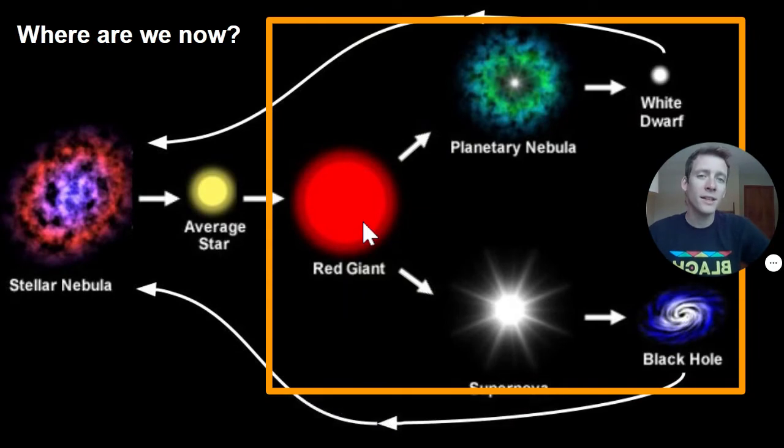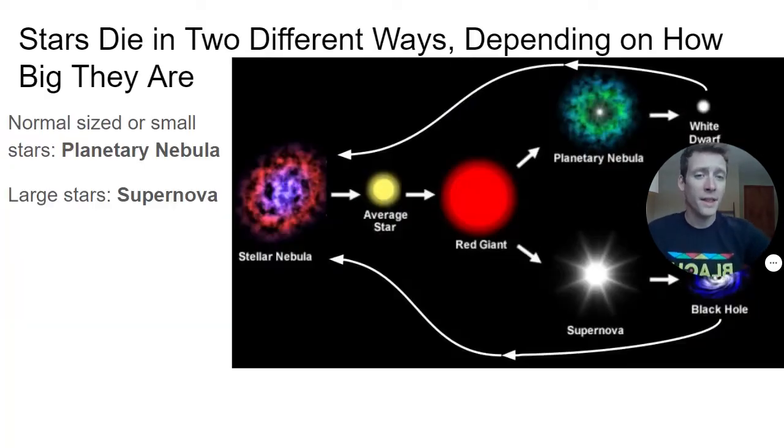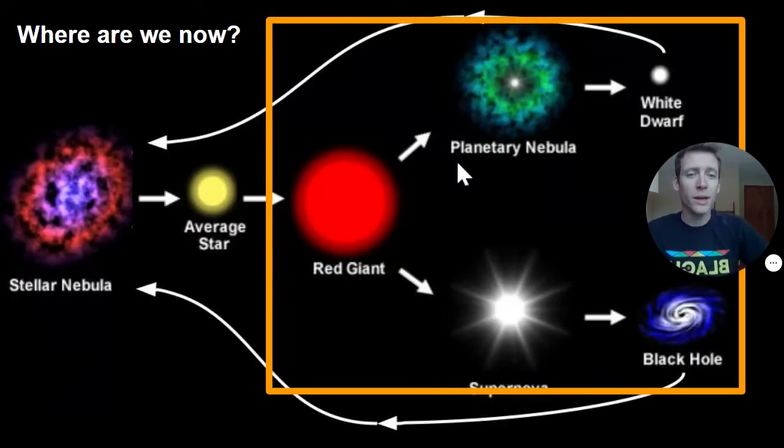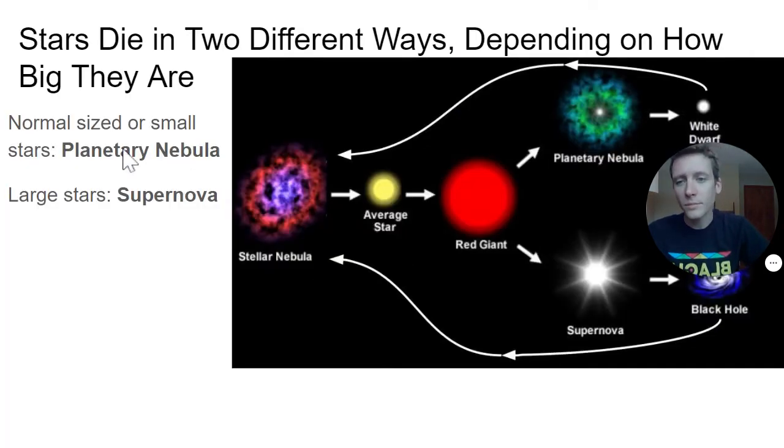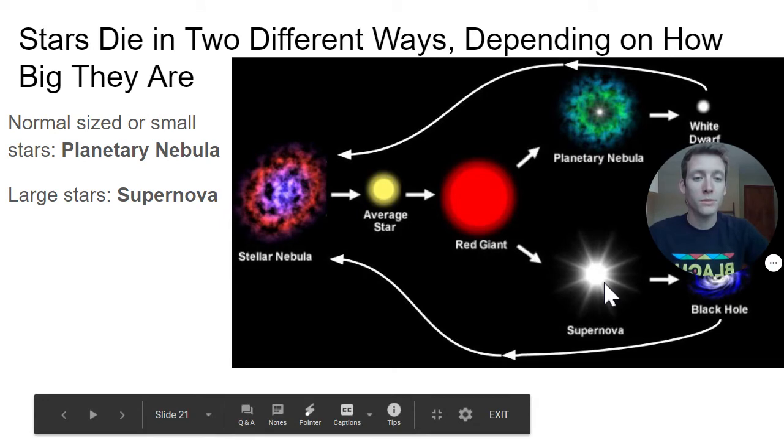If a star is not that big, like a normal-sized star, like our sun, that's going to become a planetary nebula. Eventually, that leftover core will be called a white dwarf. So normal-sized stars go this way through a planetary nebula, and large stars become a supernova.